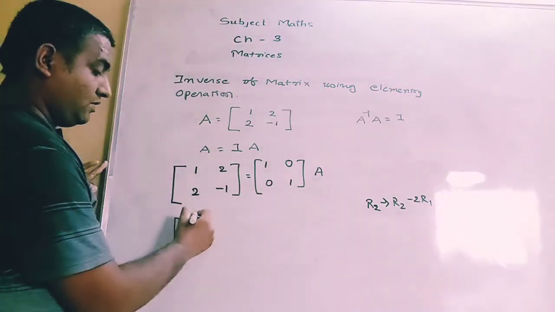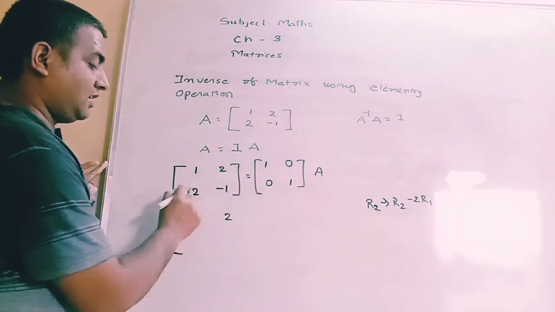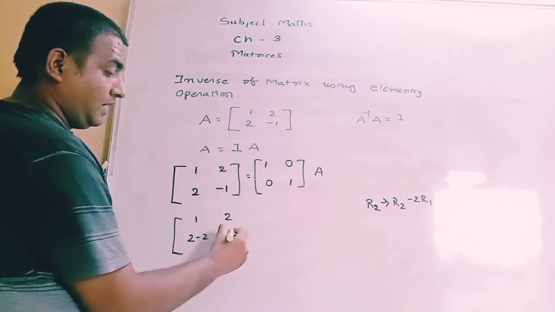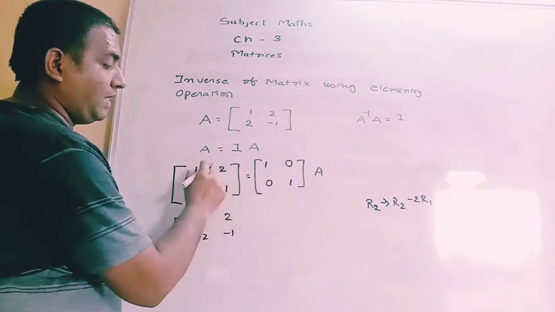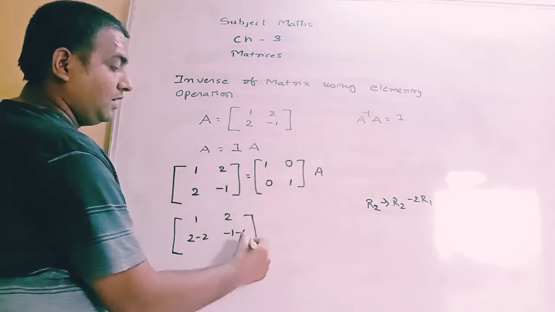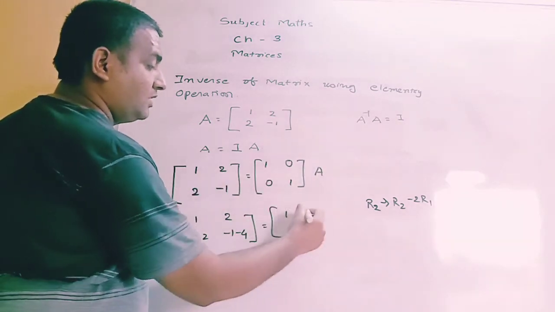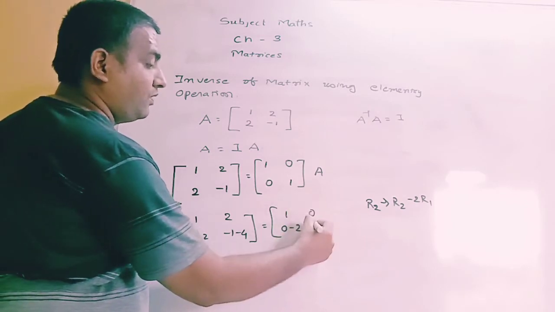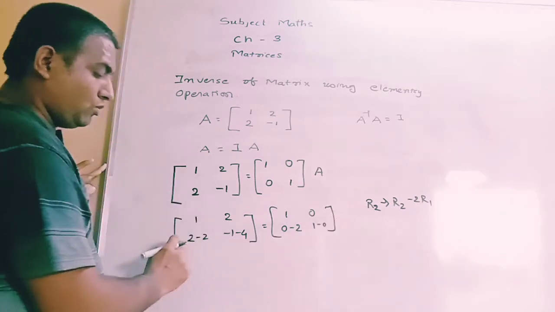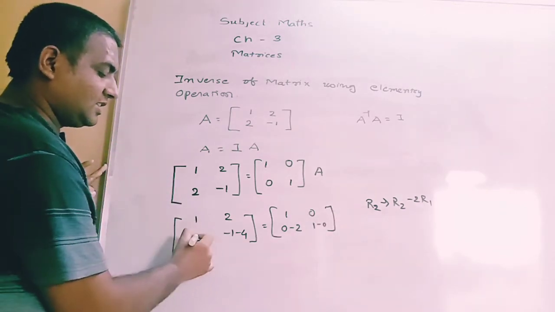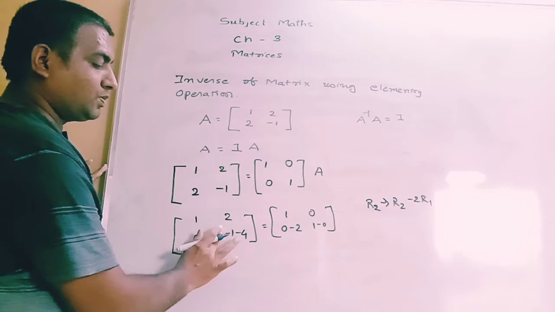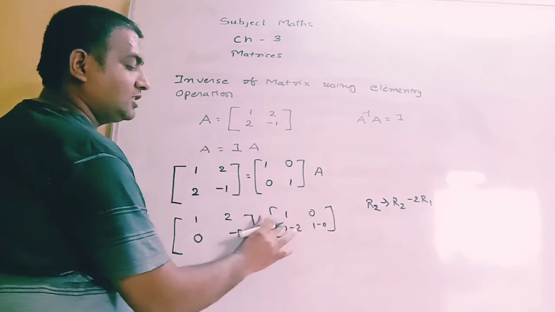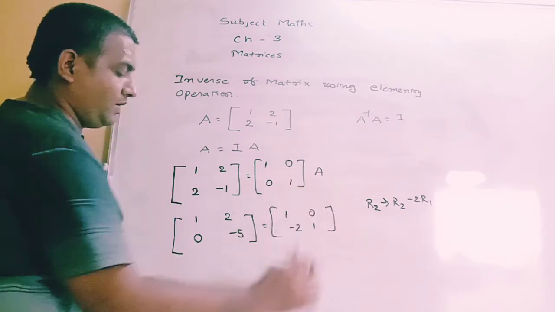So here 1 2 as it is, here 2 minus 2 is 0, and minus 1 plus 2 times minus 2, that is minus 4, gives minus 5. On the right, 1 0 as it is, then 0 minus 2 is minus 2, and 1 minus 0 is 1.